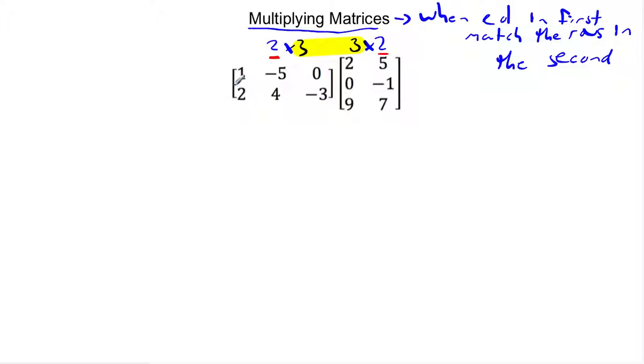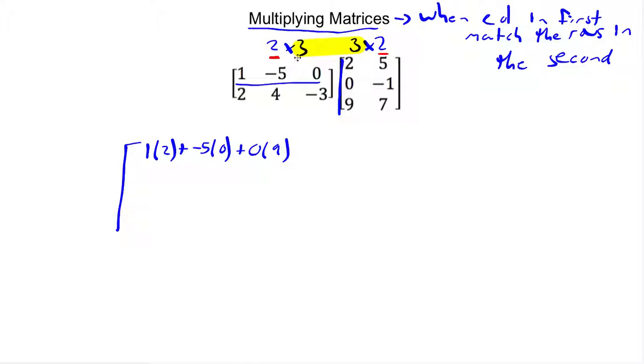So when I multiply, I'm going to multiply this first row by each column until I don't have any more columns. So here I multiply this first row by this first column, and then I'm going to sum all the values together. That's going to be the next step. But first off, I'm just going to multiply each corresponding part. So I have 1 times 2 plus -5 times 0 plus 0 times 9.